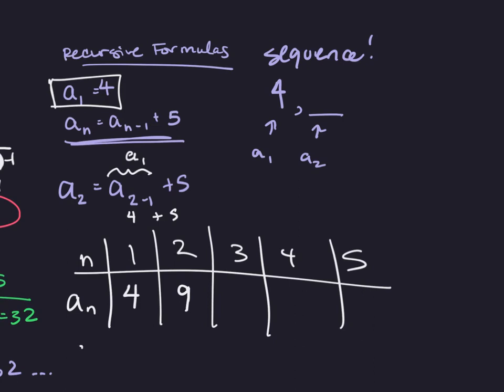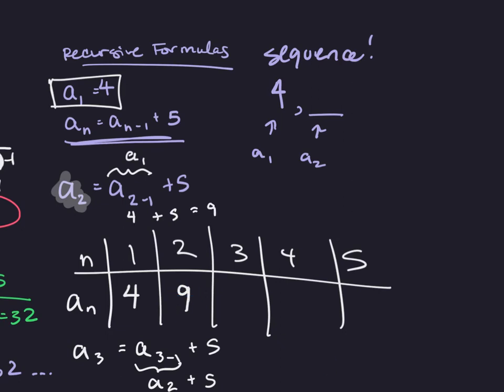If I wanted a sub 3, I would say, well, that's a sub 3 minus 1 plus 5. This is just a sub 2 plus 5. But you know that a sub 2 is equal to 9, right? We put that here, a sub 2.